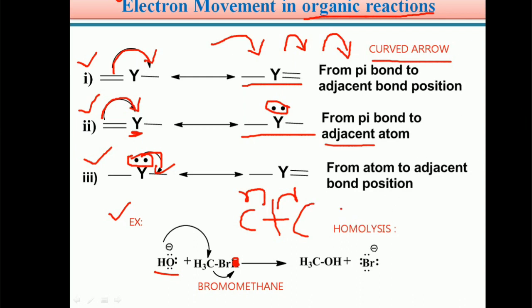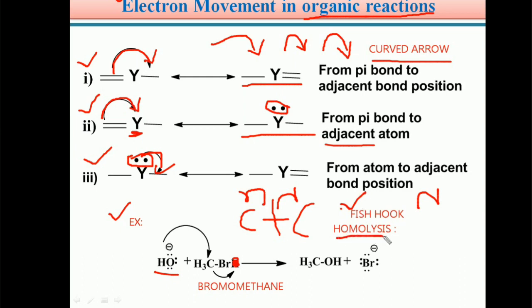Fish hook arrow, because it looks like a fish hook. That's why it is called a fish hook arrow or half-headed arrow. It has only half a head, or it looks like a fish hook.